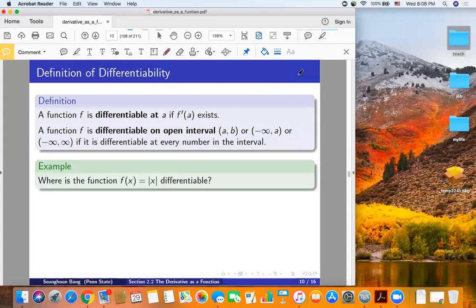Here, you can check where the function f of x equals absolute value of x is differentiable.